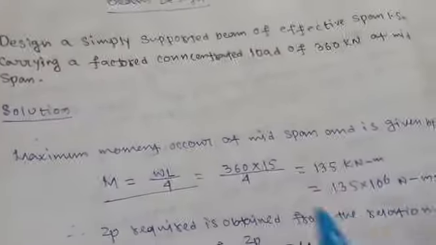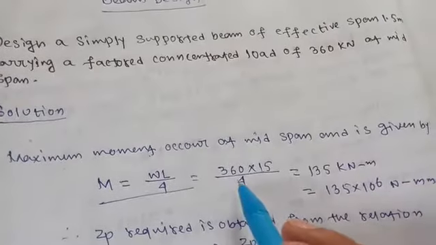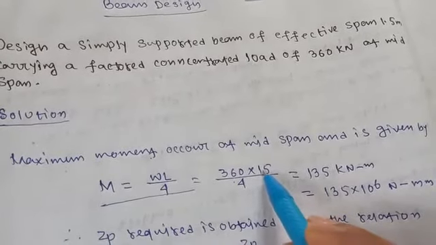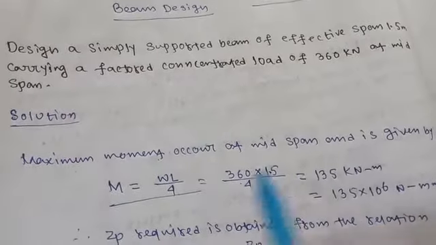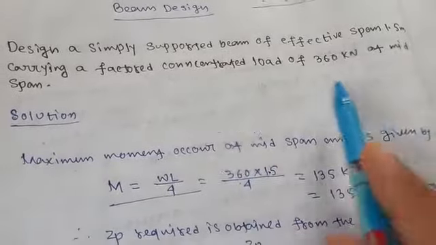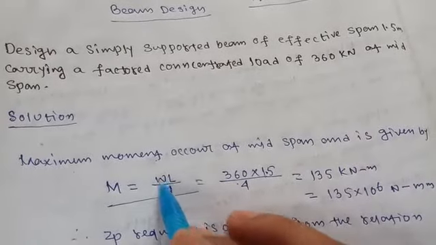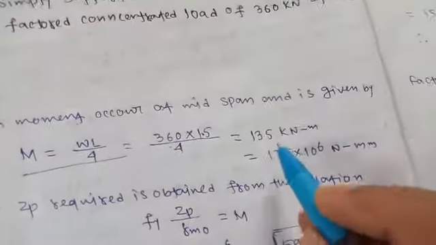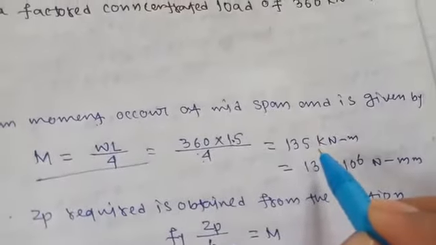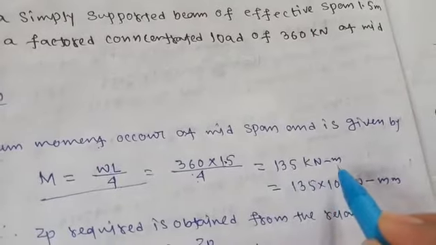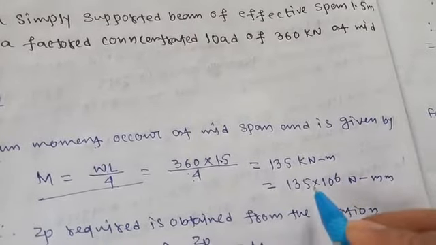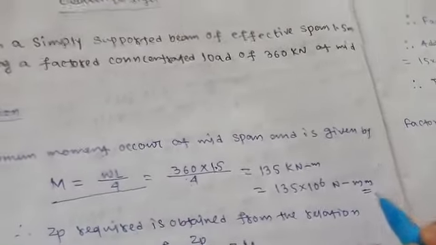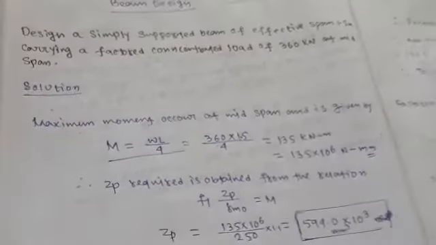Putting the values of W, L as 360 and 1.5, and dividing by 4, ultimately we get 135 kilonewton meter, that is 135 into 10 to the 6 newton mm. Okay, the unit is changed.